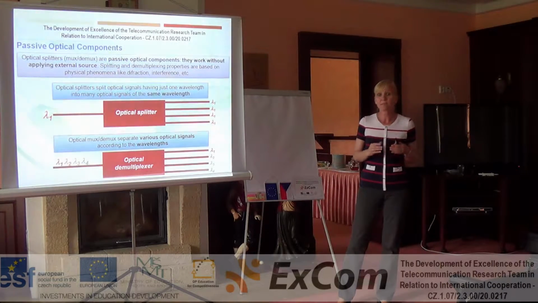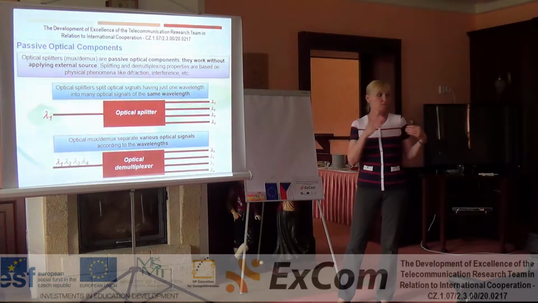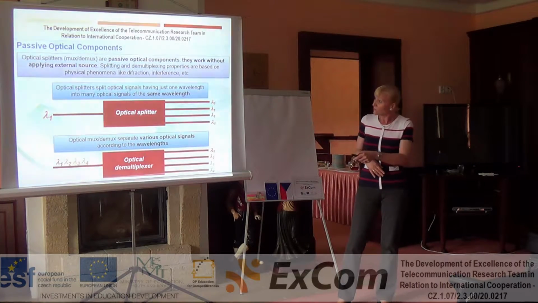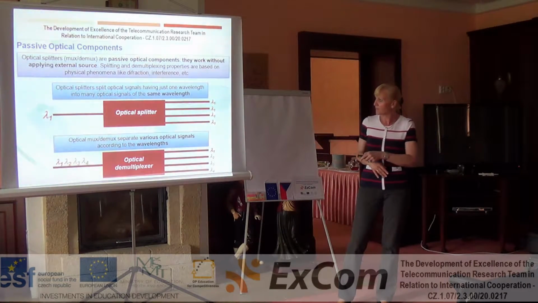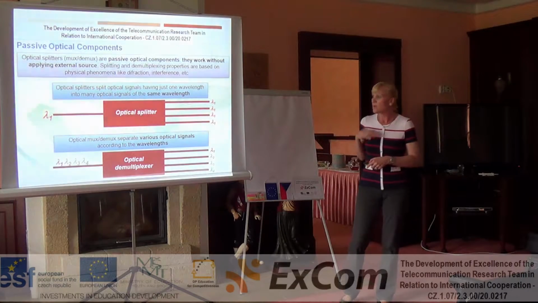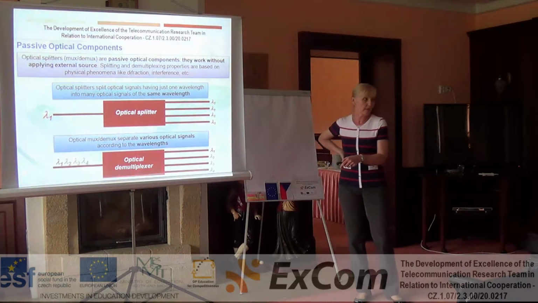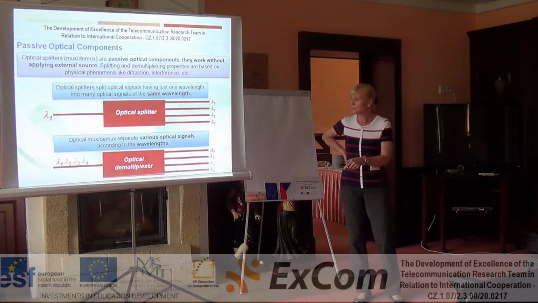Students sometimes mix up an optical splitter with an optical demultiplexer. They look similar. They have an input waveguide, then the device, and then N output waveguides. And the same is true for optical demultiplexers. So what is the difference? I was talking today about optical demultiplexers. We couple different wavelengths into the input waveguide.